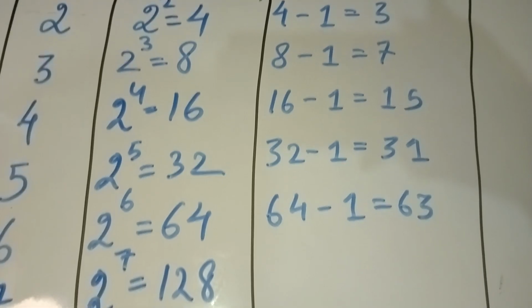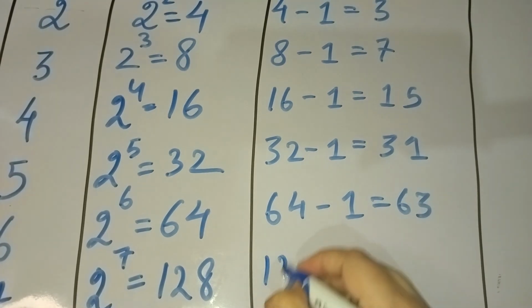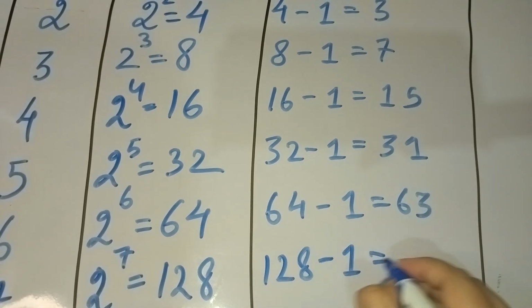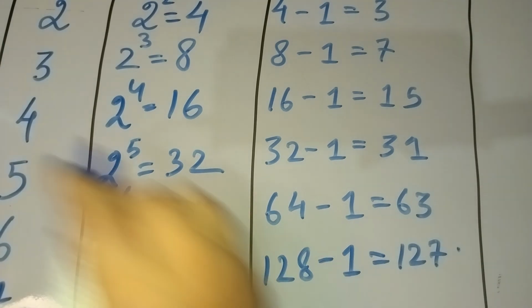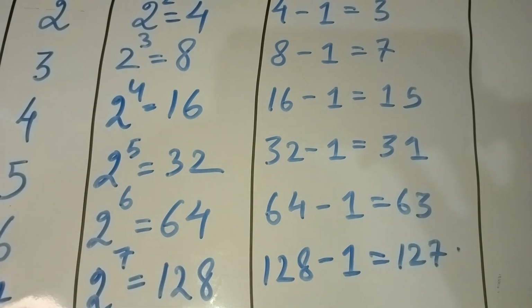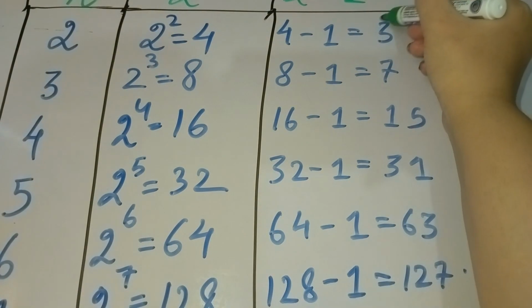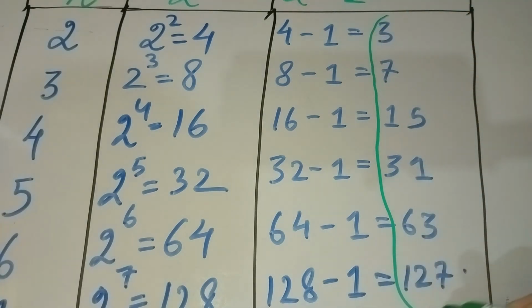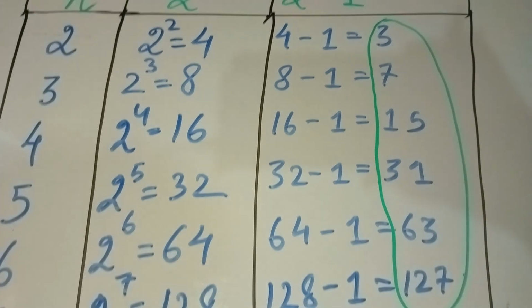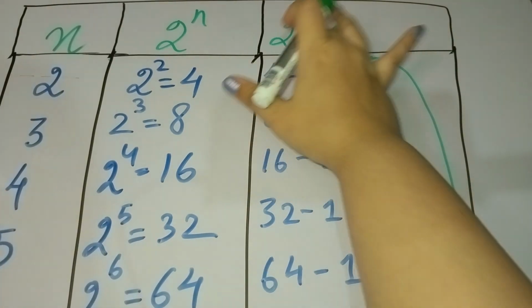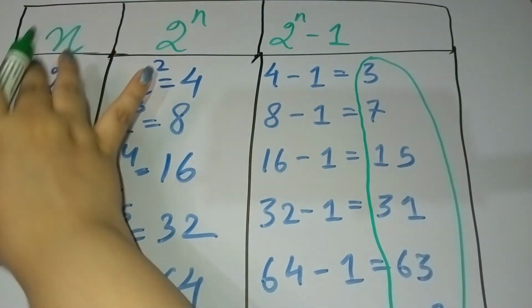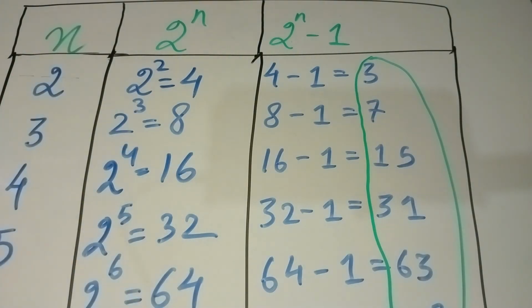And 128 minus 1 will be 127. So you can see all these numbers are Mersenne numbers because they are following the pattern of 2 to the power n minus 1, where n is any positive integer, right?